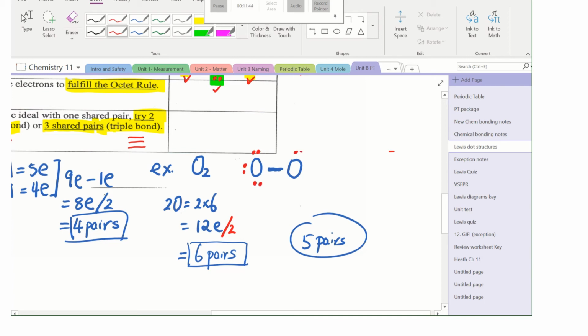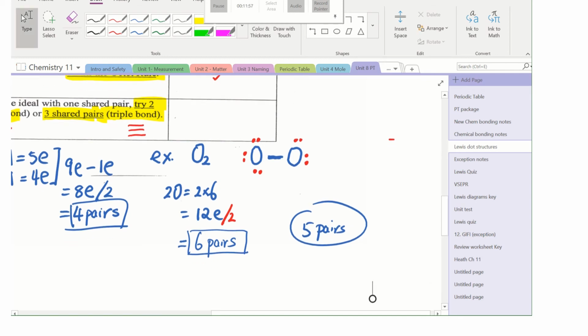And then I put 2 pairs on the other oxygen atom. So as you can see in this case, I used up all 6 pairs. So there are 5 lone pairs and 1 shared pair. Okay, so that's 6 pairs.